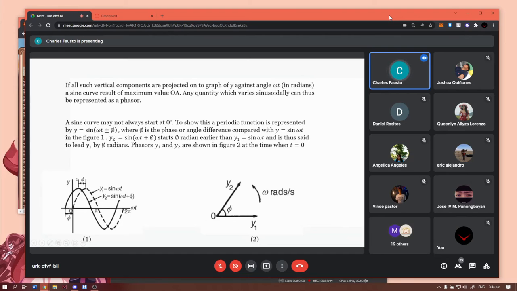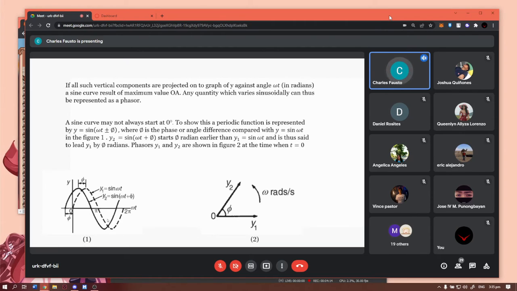Okay, so ito yung ating sine wave representation. So ito naman yung ating phasor diagram tinatawag. No? So as shown in my figure 2 at the time when t is equivalent to 0. So ito yung equivalent phasor diagram niya nitong graphical representation ng ating sine wave. No?